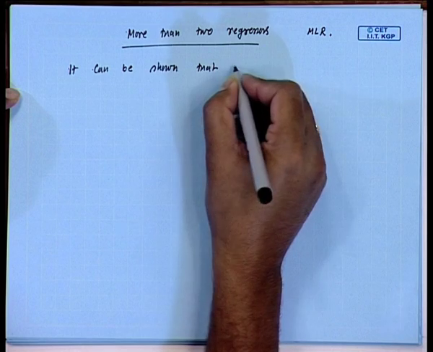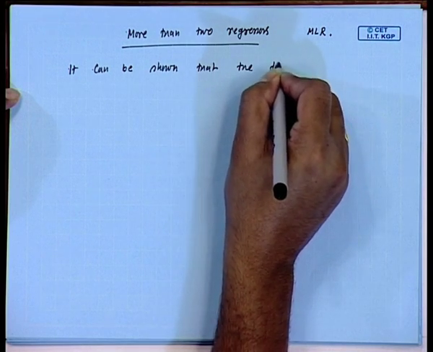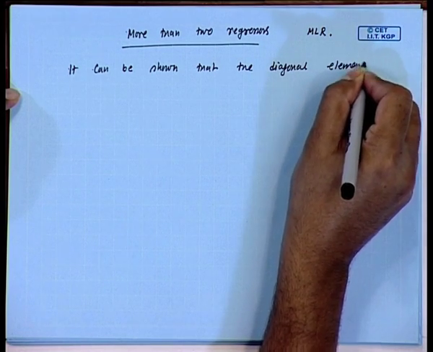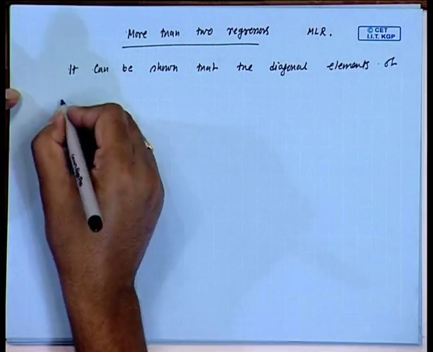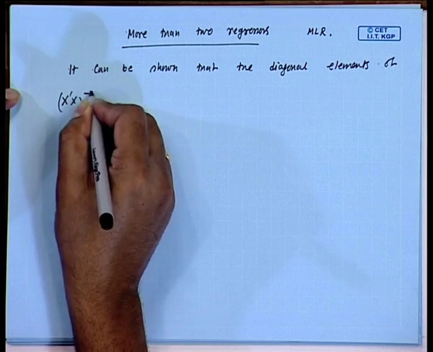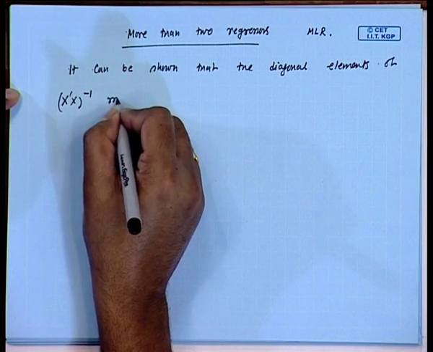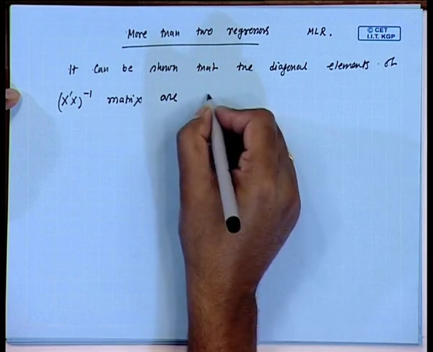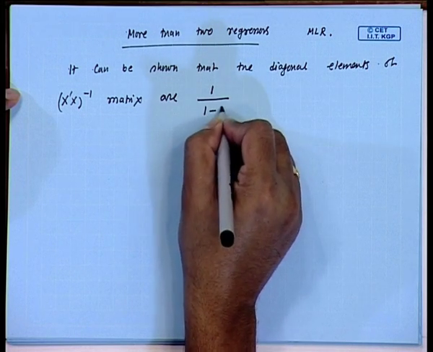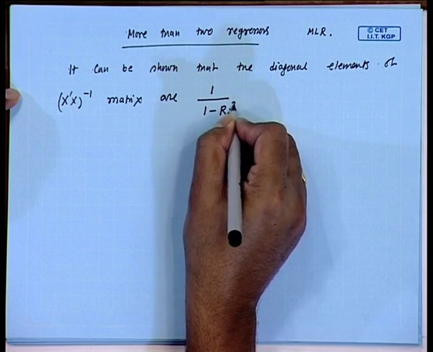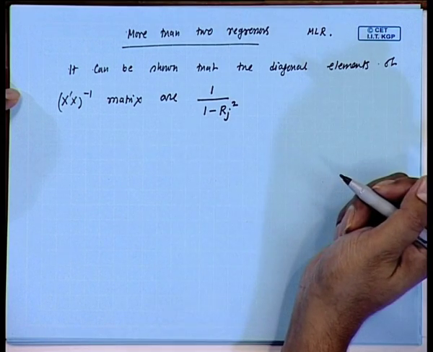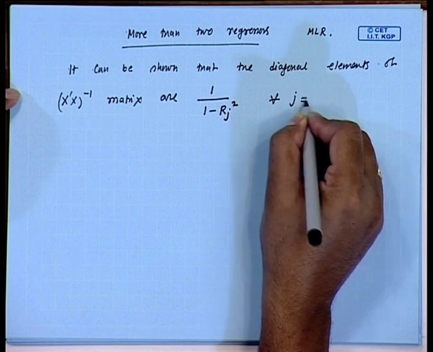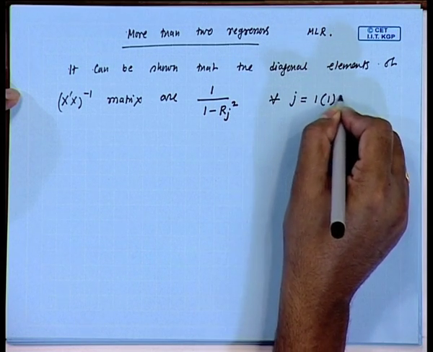it can be shown that the diagonal elements of the X prime X inverse matrix are 1 by 1 minus Rj square for all j from 1 to k minus 1.